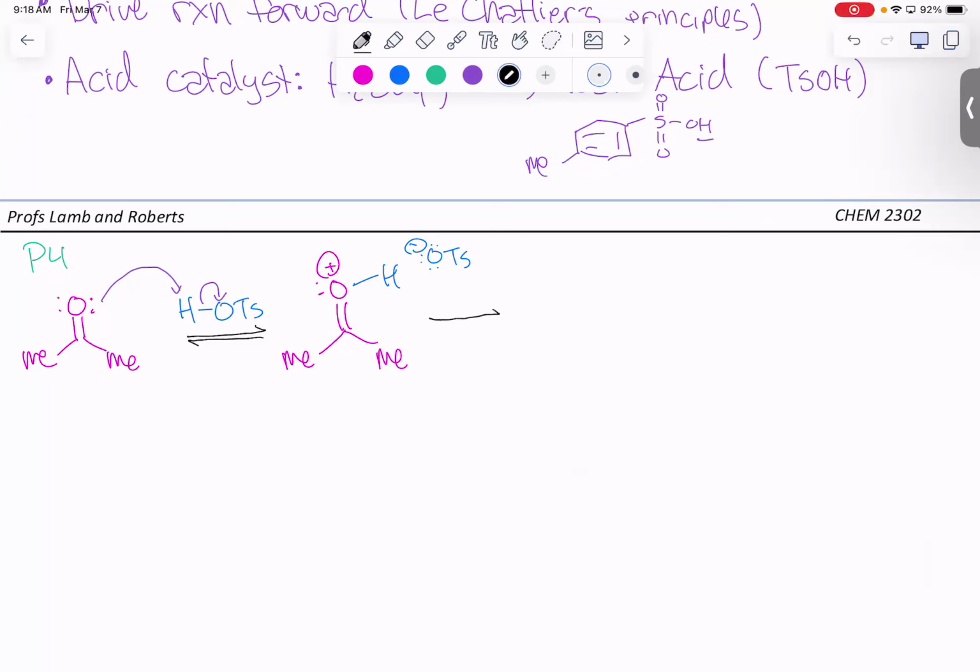Okay, now that we have our stronger electrophile, we're ready for it to react with a relatively weak nucleophile. All right, so we can think about our alcohol. Let's use tert-butanol as our alcohol here. We have a couple of lone pairs of electrons on our oxygen.